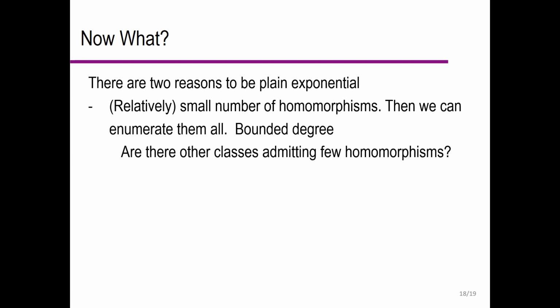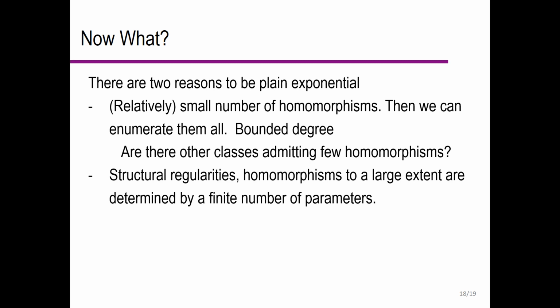Well, no. If we try to map a star graph to a graph of very high degree, we will see that it has a lot of homomorphisms. But there may be some similar classes. For instance, if you take a class of bounded degree and throw in a constant number of high degree vertices, it will still be plane exponential, although not of bounded degree.